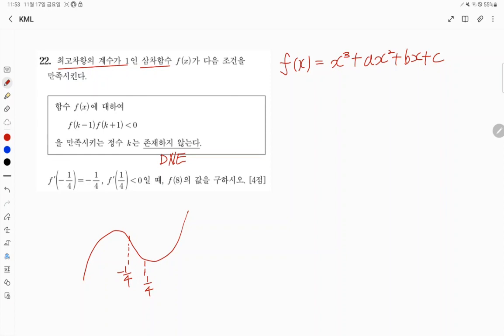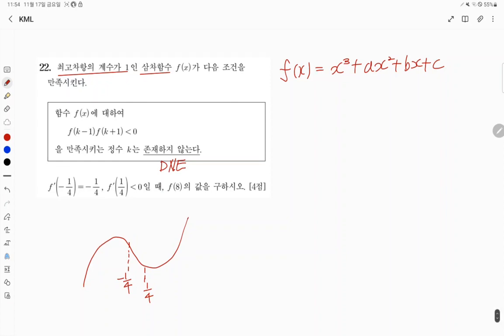And when x is 1/4, still negative. And because 0 is located between minus 1/4 and positive 1/4, when you think of the derivative, f prime of 0 is still negative.